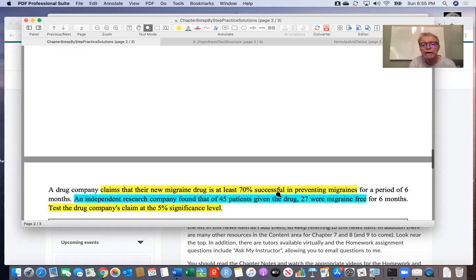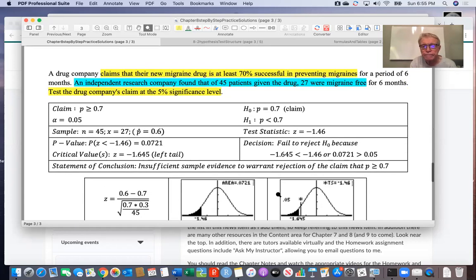All right, the next one, let's look at the relationship. Alpha is 0.05. The relationship in H1 is less than, making it a left-tailed test, and it's also a test of proportion.